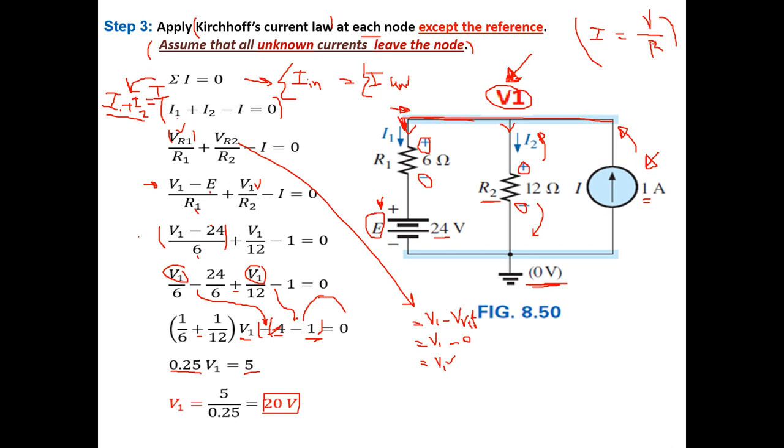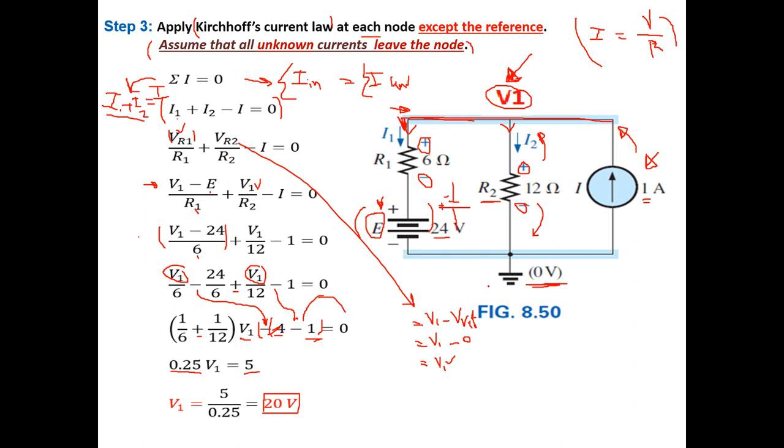Okay. Before we continue, let's assume that this source here is coming like that. So they flip the source, so negative and positive.